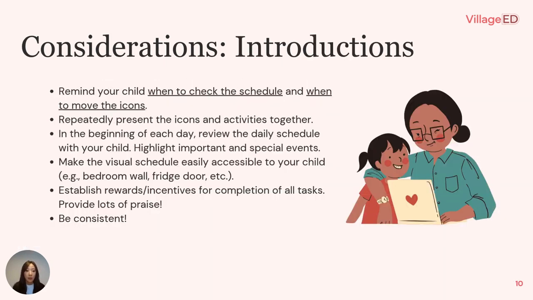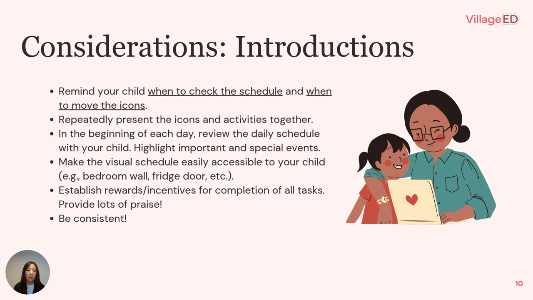Another consideration is the way that we introduce these visual schedules. We want to make sure that it makes sense for them, and that it's familiar for them. So in the initial phases, we want to remind your child when to check the schedule and when to move the icons, as in from to do to all done, and repeatedly present the icons and activities together.